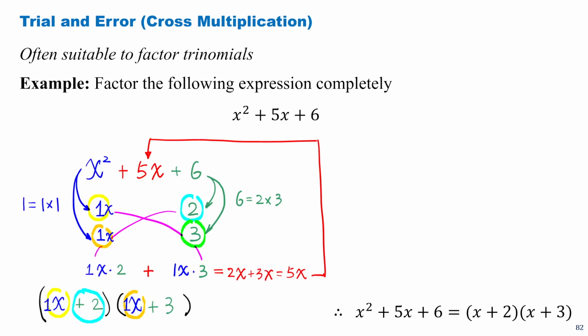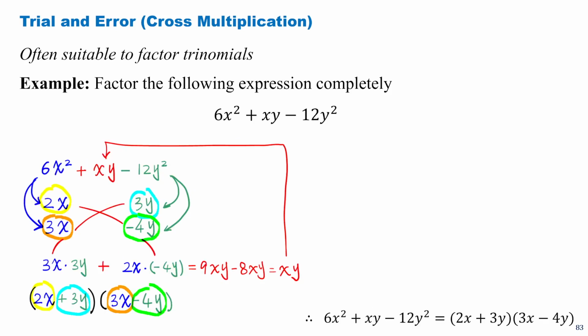Okay, and sometimes you will not have a leading coefficient equal to 1. For example, you could also have it like a 6 here, right? So in that case, you need to use more time to check different combinations.